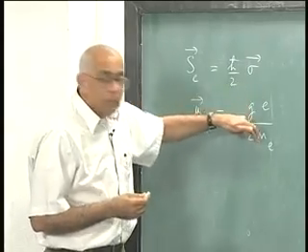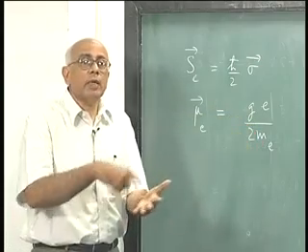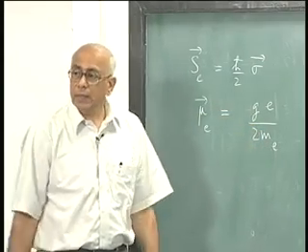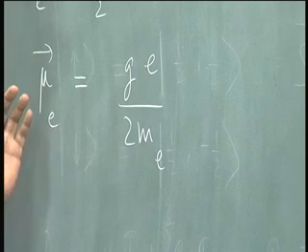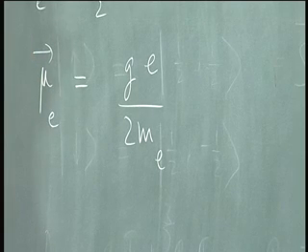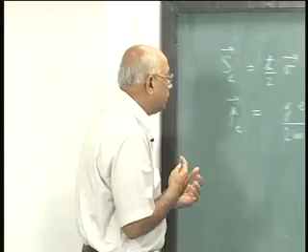E over 2m is the standard gyromagnetic ratio if you have a classical orbiting particle of charge E and mass m. That is the proportionality constant between its magnetic moment, due to the current loop it forms when it revolves in an orbit, and the orbital angular momentum.